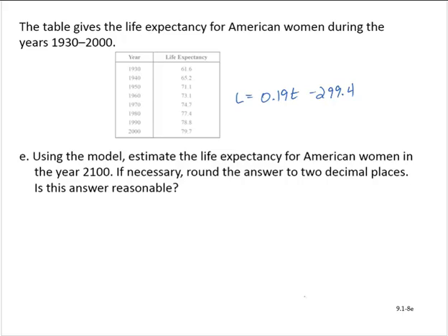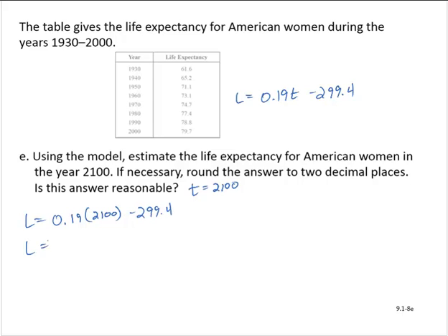Using the model, estimate the life expectancy for American women in the year 2100. If necessary, round the answer to 2 decimal places. Is this answer reasonable? So we'll let t equal 2100. Then L would equal 0.19 times 2100 minus 299.4.